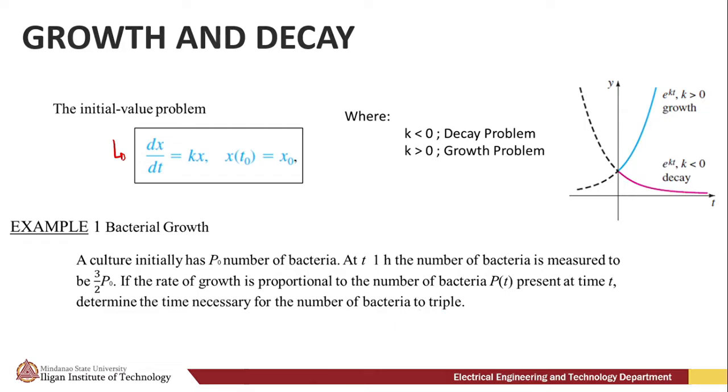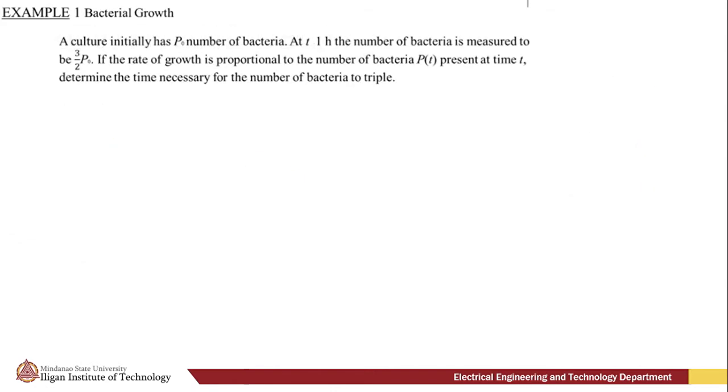So this one is a growth problem. First we have to gather the data present in our problem. At t equals 0, the amount of bacteria present is P sub 0. And after 1 hour, the amount of bacteria present is 3/2 of the original population.